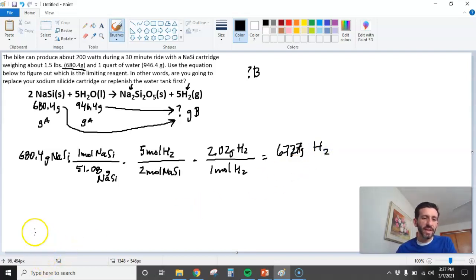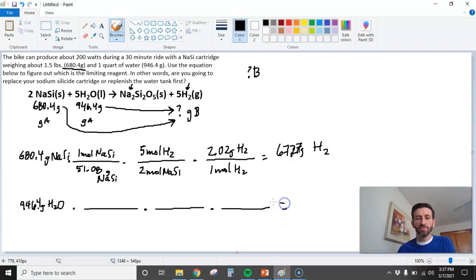I'm going to do the same exact thing with water. My goal now is to figure out how many grams of hydrogen my quart of water makes. I do the same exact process, except that now I'm using the molar mass of water down here to 1 mole of water.